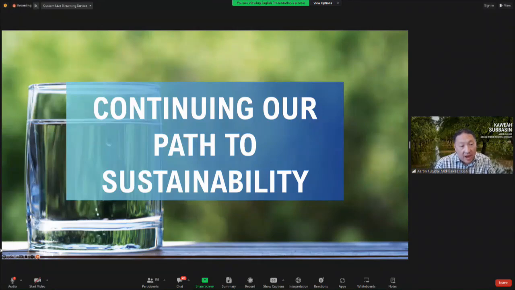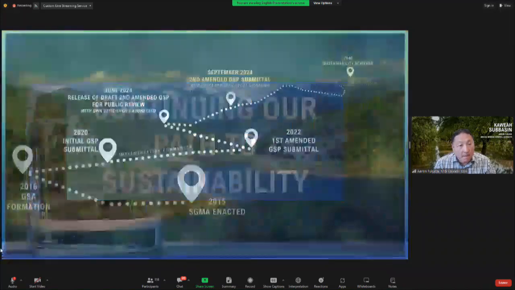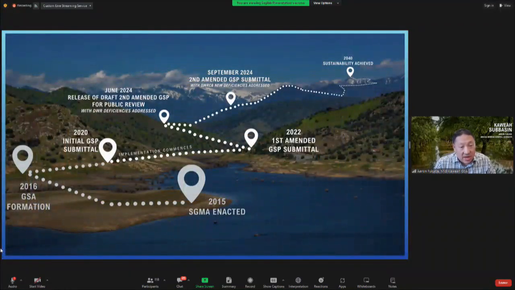So we do have a path to sustainability. Next slide. Our path has been set out with our landowners, our growers, and our interested parties. We've come a long way, but we still have a long ways to go.